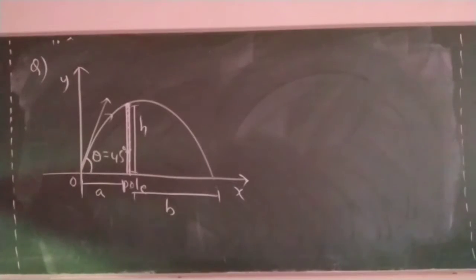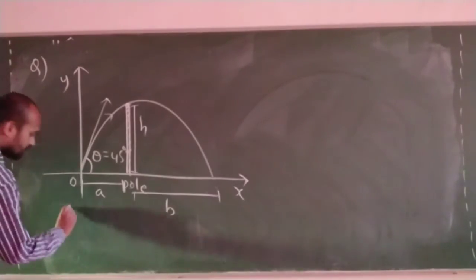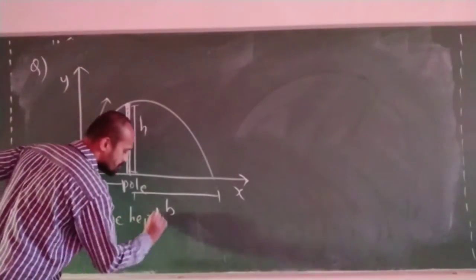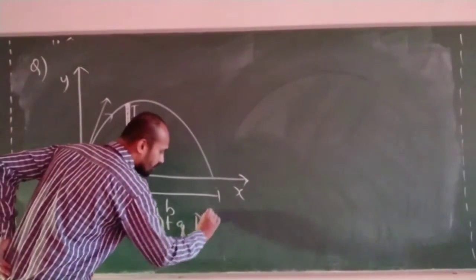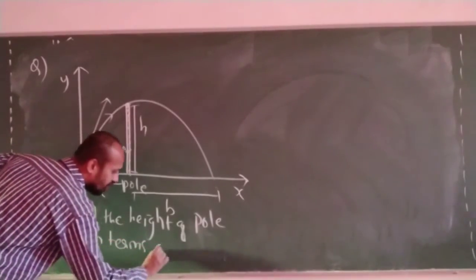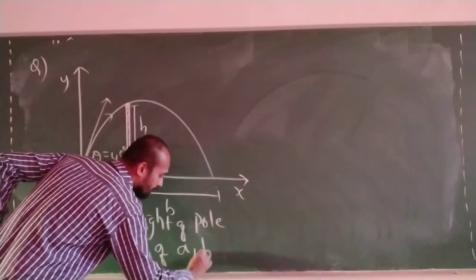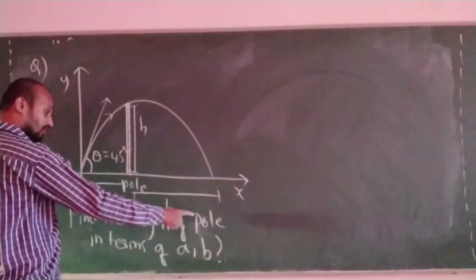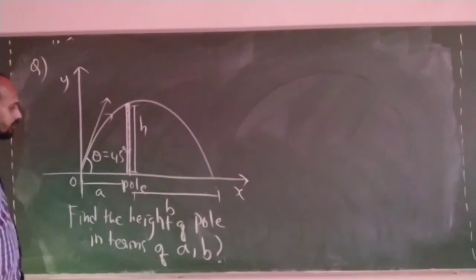Find the height of the pole in terms of a, b. You have to find the height of the pole in terms of a, b.